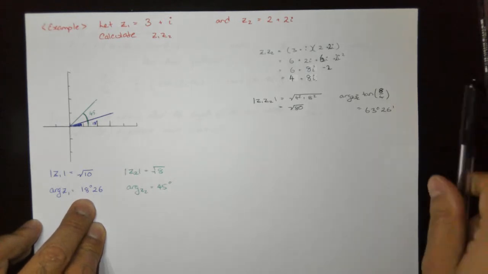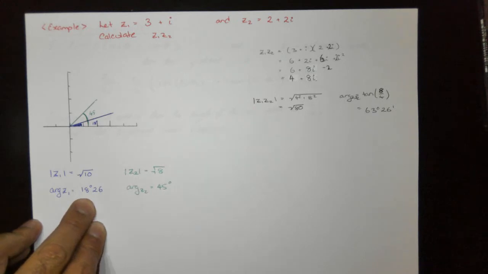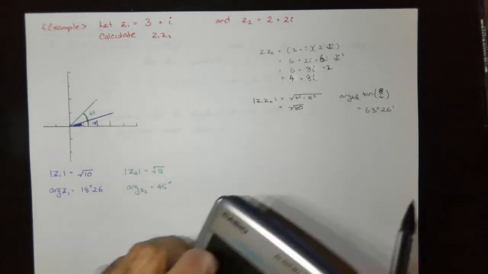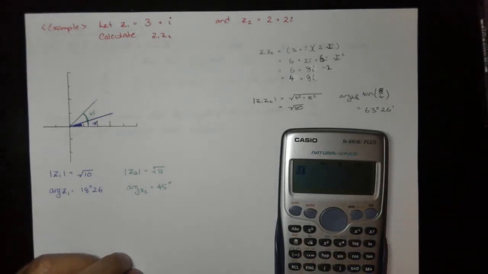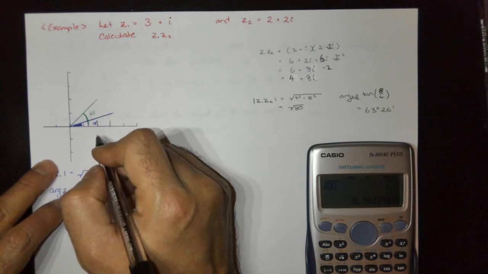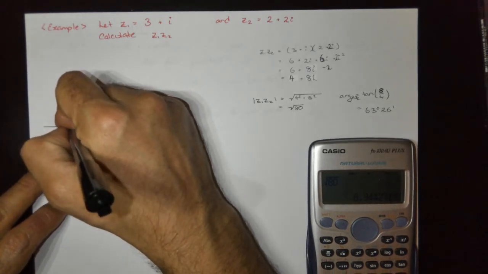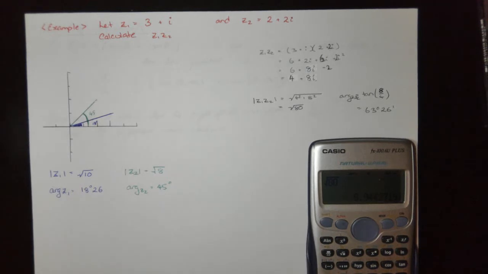So what ends up happening is the square root of 80 is 8.9, and 63 degrees is approximately here. I lost my ruler.